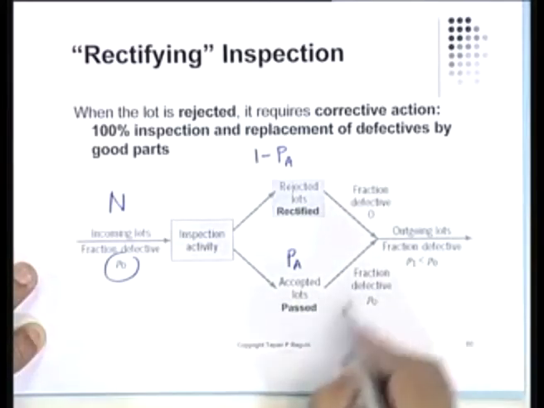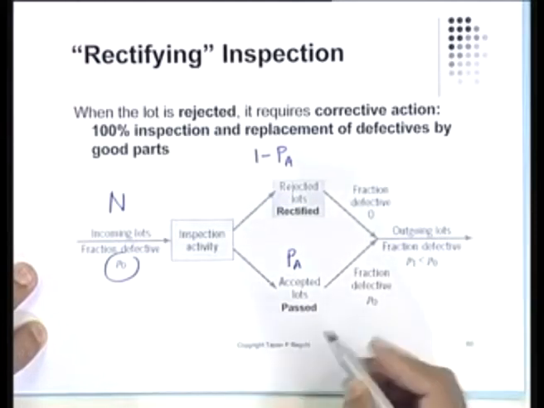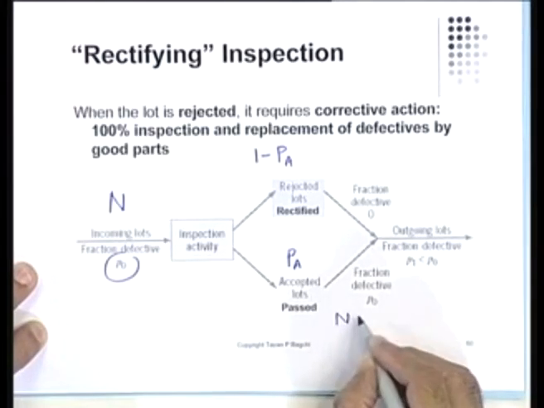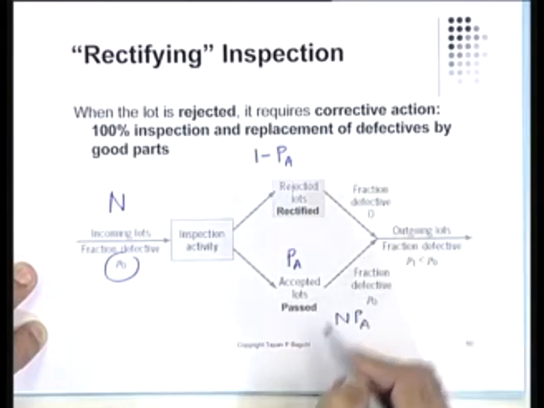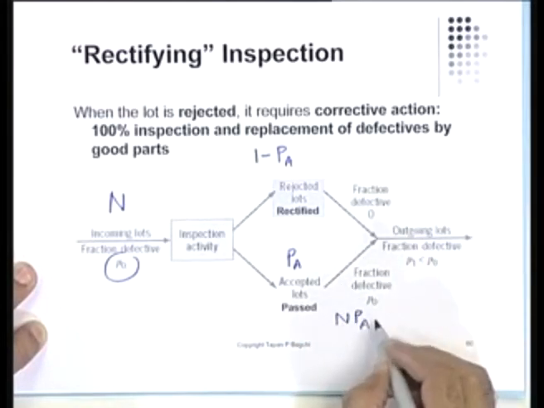On this side, on the average, if n items came in and I inspected them, I have n times PA. That is a chance of my going this way, and that's got a lot quality of P0.